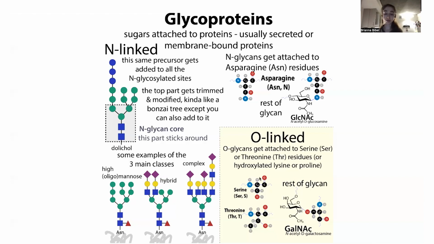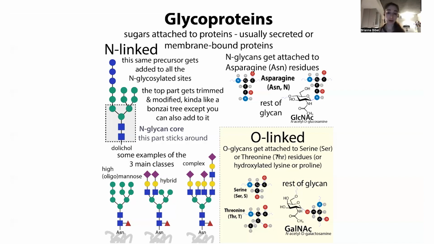O-linked are linked to an oxygen. And this oxygen, well, now we have two options where we can find this oxygen, either in serine or in threonine, where they both have this hydroxyl group that can then serve as a linkage point.